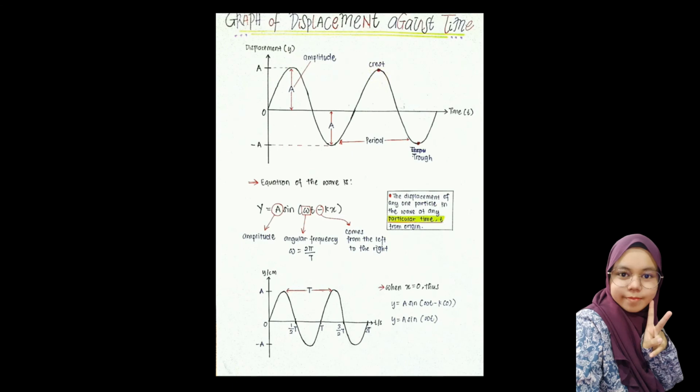Now we consider the equation of the wave: y equals a sine omega t minus kx. Here a means amplitude.